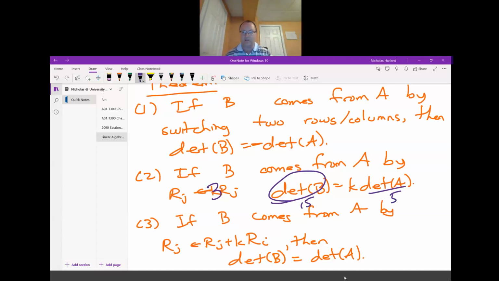And so we can always figure out what the determinant of the original matrix is going to be. So that's what we're trying to accomplish here. You start off with a matrix, use these row operations, keeping track of the changes, and hopefully get it down to a triangular matrix. Once you have the determinant of the triangular matrix, you can get the determinant of the original.